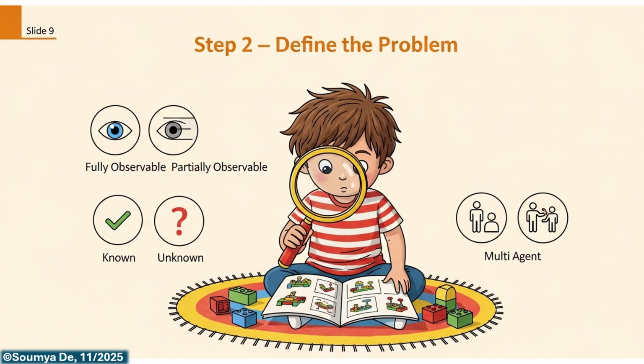Is it a static or a dynamic environment? Am I building alone or with a partner? Is it a single agent or a multi-agent environment? These help us know exactly what kind of environment the problem exists in. Just like AI systems think about the type of world they are working in.